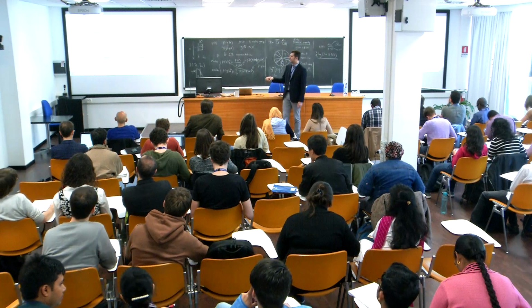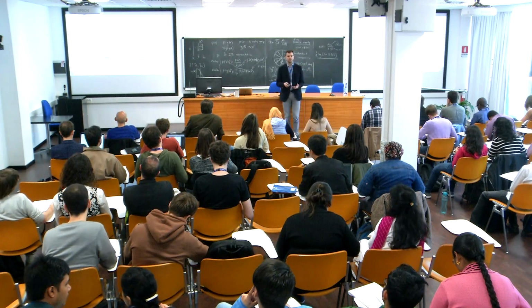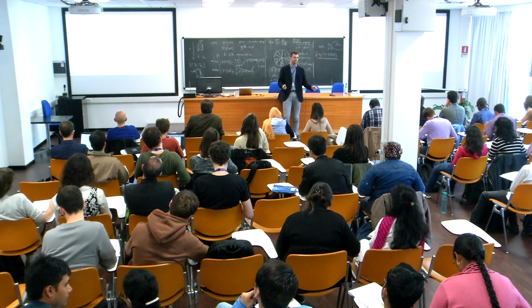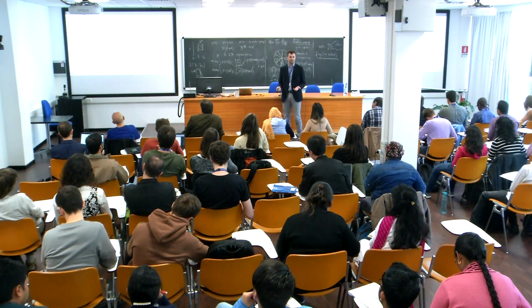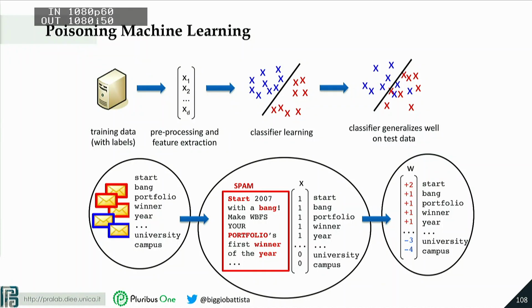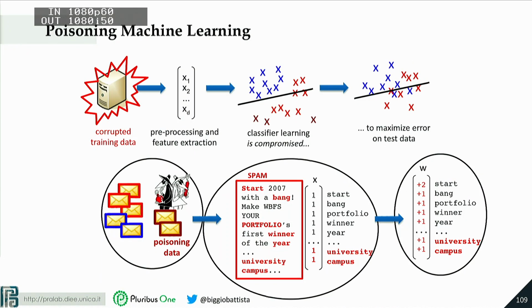And typically for spam, you have a collection of labeled spam and legitimate emails. You create a dictionary of words, and then you train your classifier on these. So in the poisoning setting, you can think that there is an attacker now that sends you some spam messages, as before, but they also contain some good words, so words which typically appear in your legitimate emails.